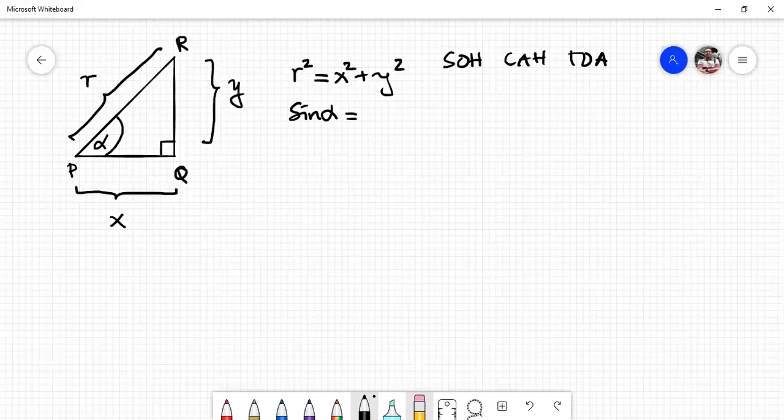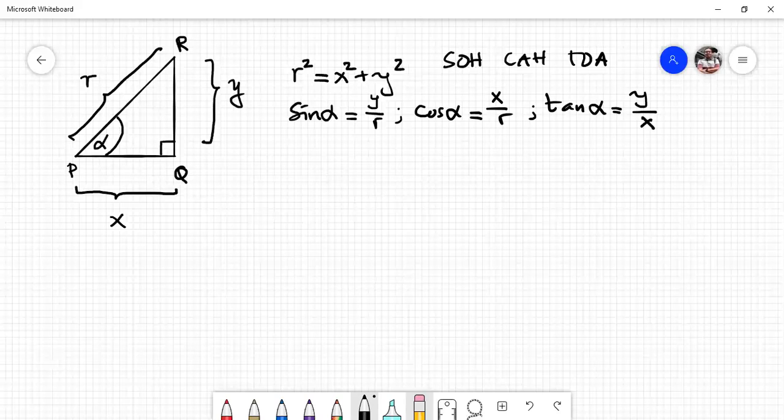Remember that. So it tells you the ratio of sine, cosine, and tangent, right? So sine alpha is actually Y out of R. Cosine alpha is X over R. And tangent alpha is Y over X.